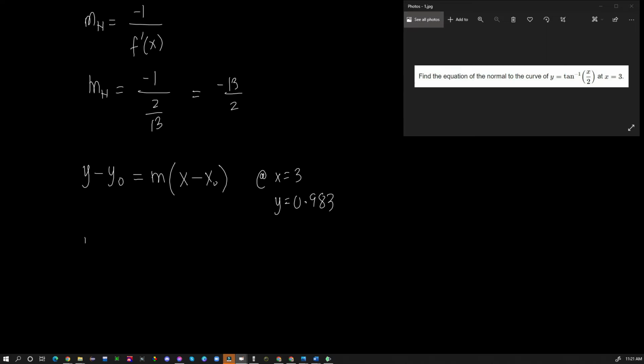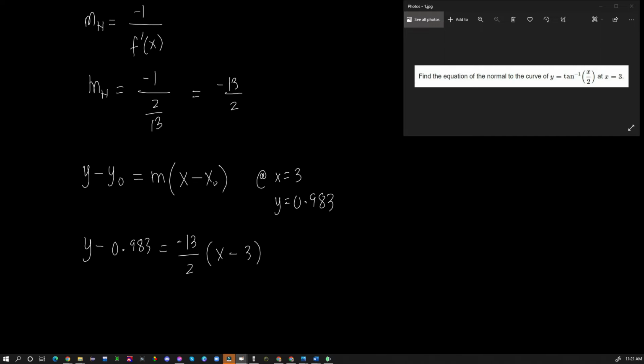Okay, so we have y minus 0.983 is equal to ang slope na gamiton is ang slope sa normal, of course. So we have -13 over 2 times x minus x sub 0 na is 3.